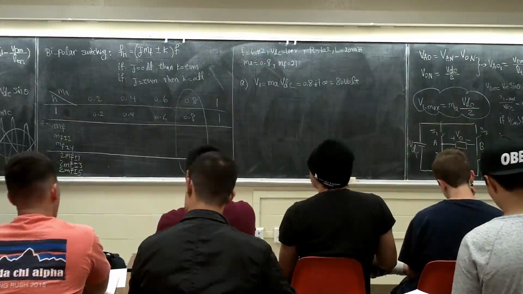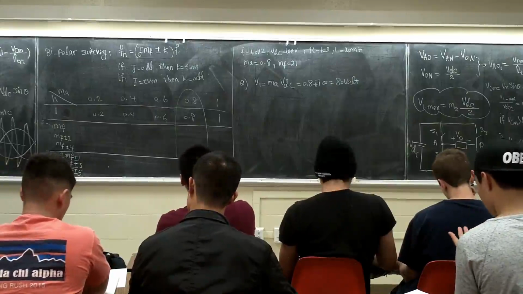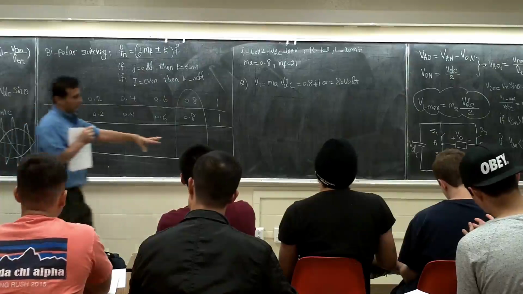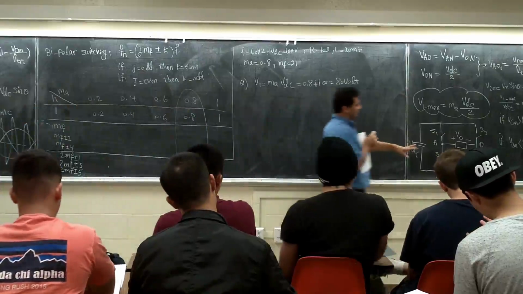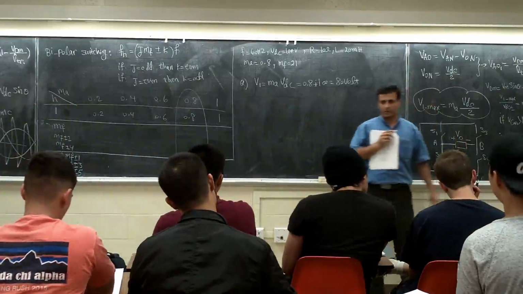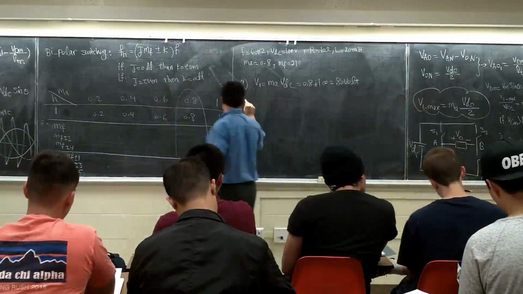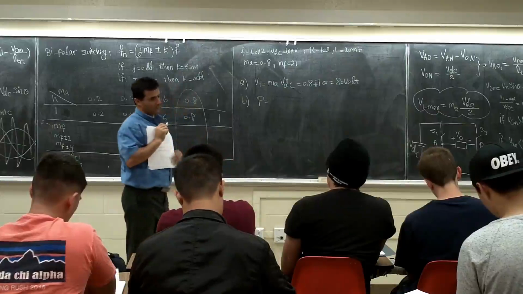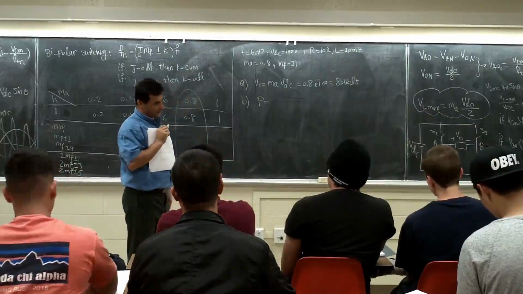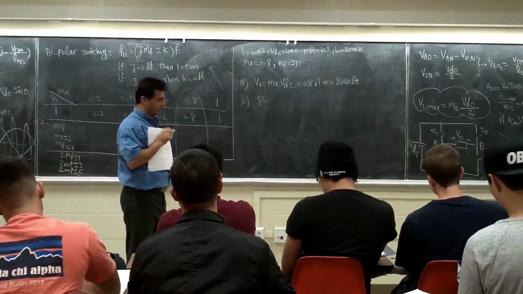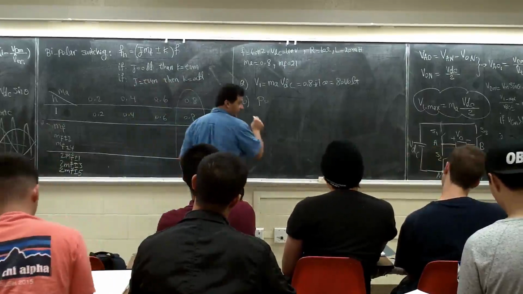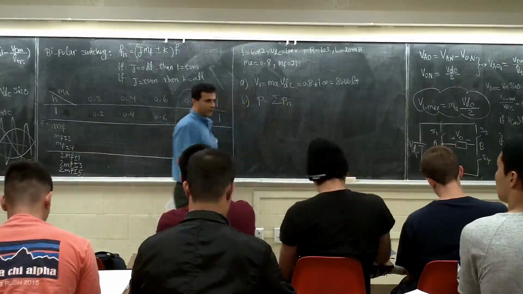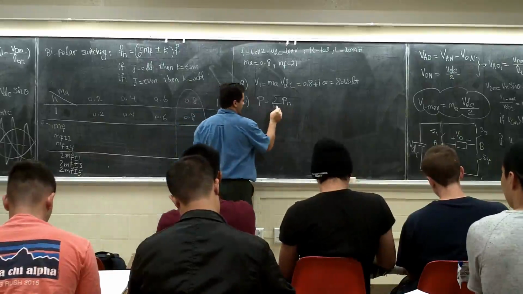Next, the power absorbed by the load resistor. How much power is this resistor going to absorb? How should I calculate that? V... no, we're not going to go that way. We can do that, but we're not going to. We say P is the sum of the power of every harmonic, from 1 to 11.